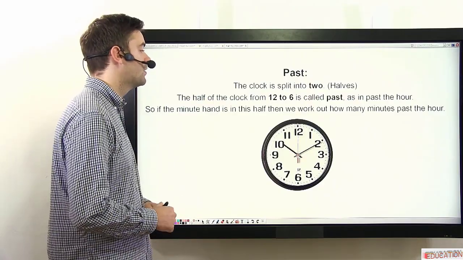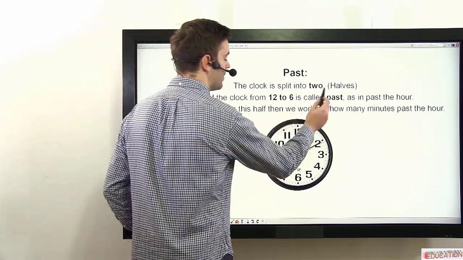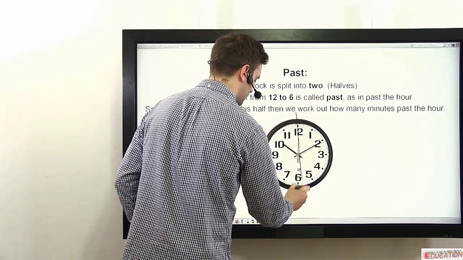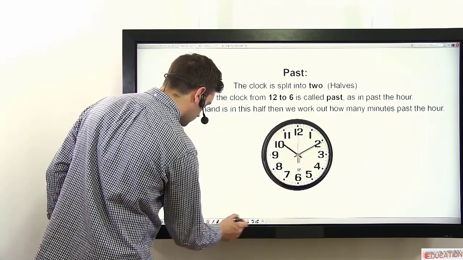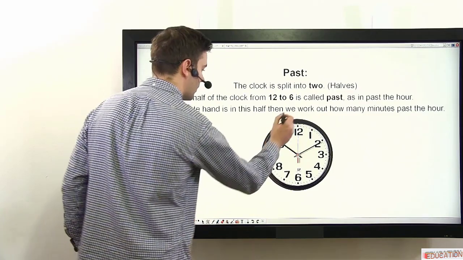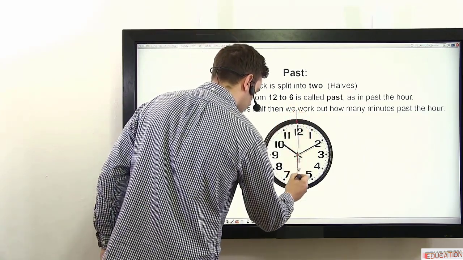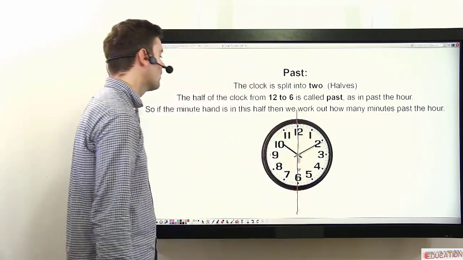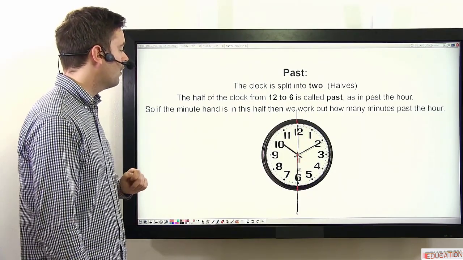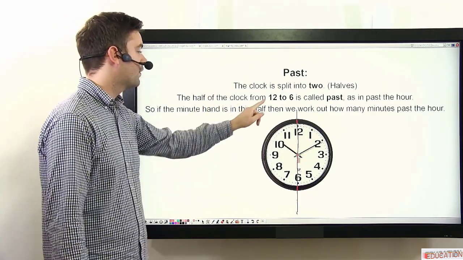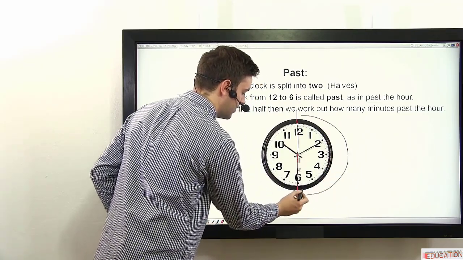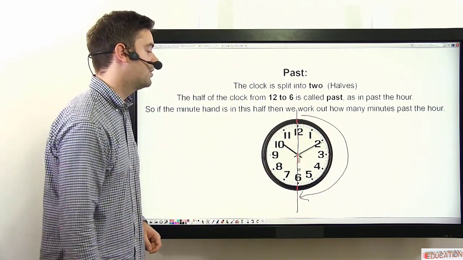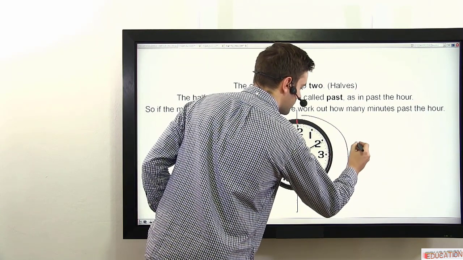Past. So the clock is split into two. The half of the clock from 12 to 6 is called the past.